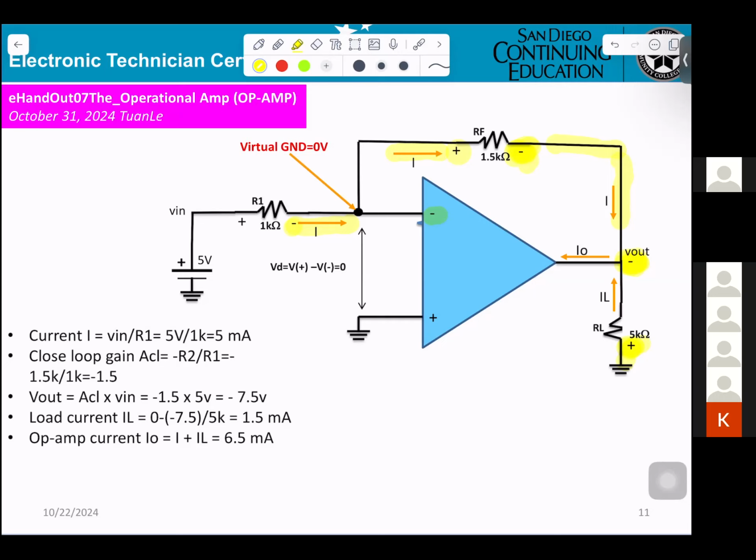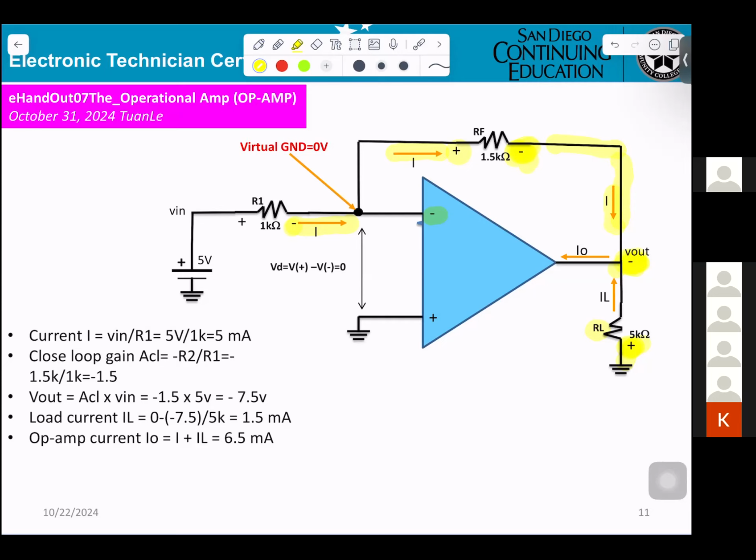You get a current I outflow up here. When they get into VL, where do they go? They go into the op amp or they go down to the load? Current I, when they drift, it drifts to VL.